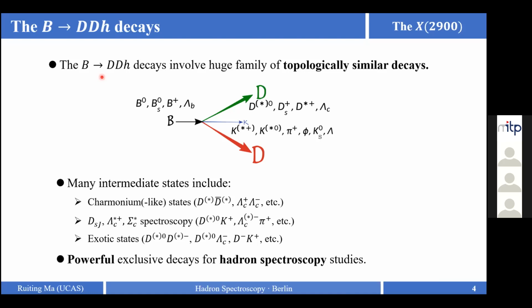Here, B could stand for B0, B+, Bs, Lambda_b, and D includes D*, Ds, Lambda_c, and the hadrons here are the light hadrons like pi, K, phi, Lambda, etc. So we could imagine that there would be many intermediate states, such as the charmonium states, the highly excited Lambda, Sigma_c states, and also the possible exotic states included in the three-body decays. So the B→DDh decays are powerful exclusive decays for hadron spectroscopy studies.